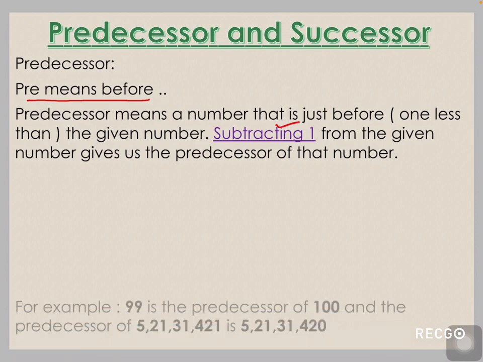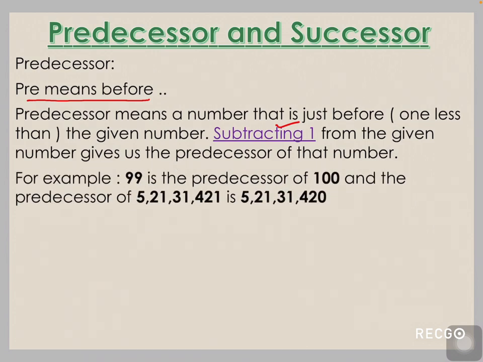Let's have an example. For example, 100 is there. So what comes before 100? 99. So 99 is a predecessor, whereas 100 is the successor of 99. Clear? And if this big number is given, just have a look at it.